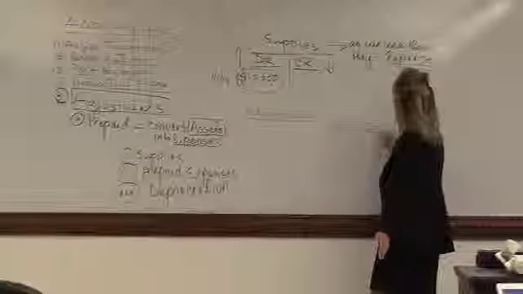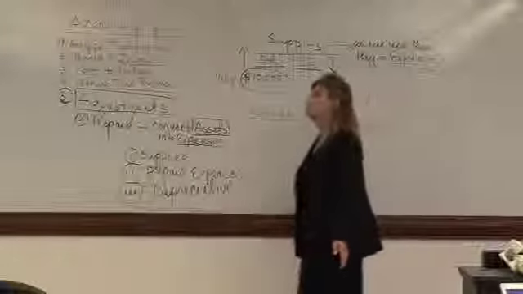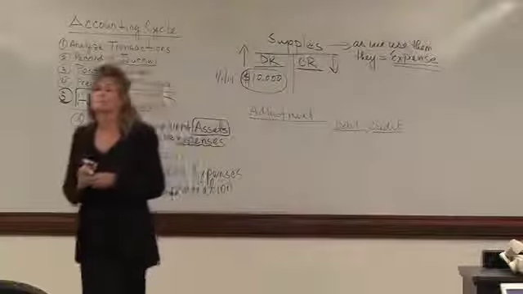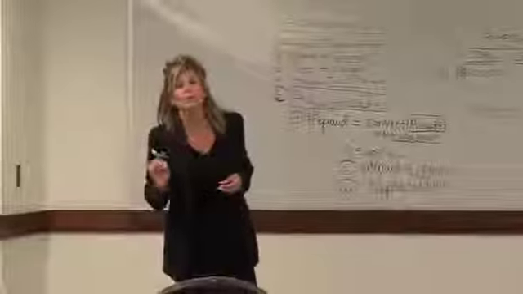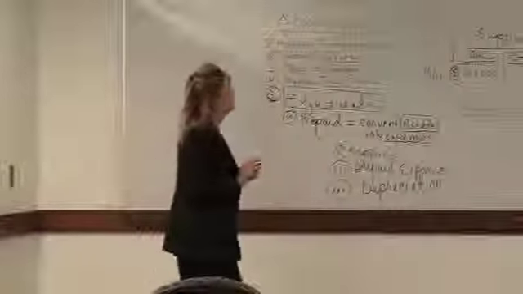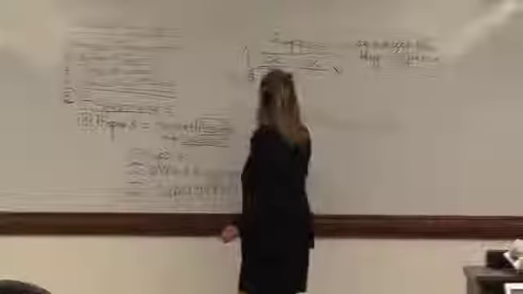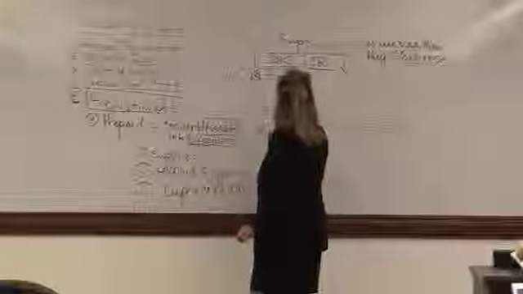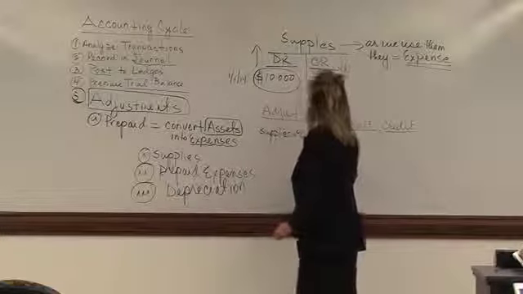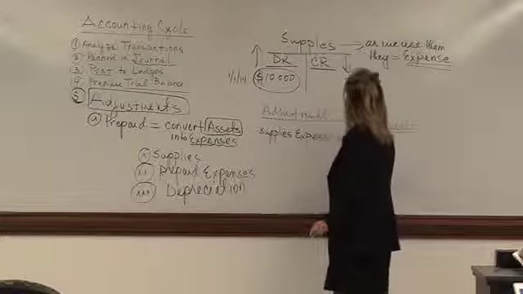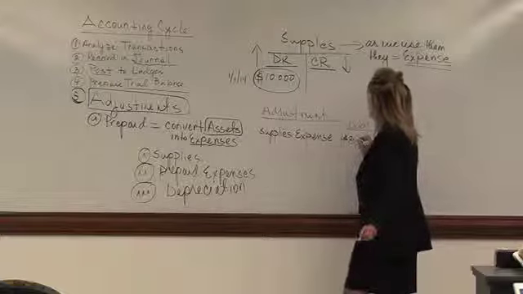So the adjustment, we're referring to the journal. You're going to record your adjustments in the journal. So we're going to take it out of the asset and put it into the expense. So the entry, the adjustment, will be a debit to supplies expense for the supplies used up.